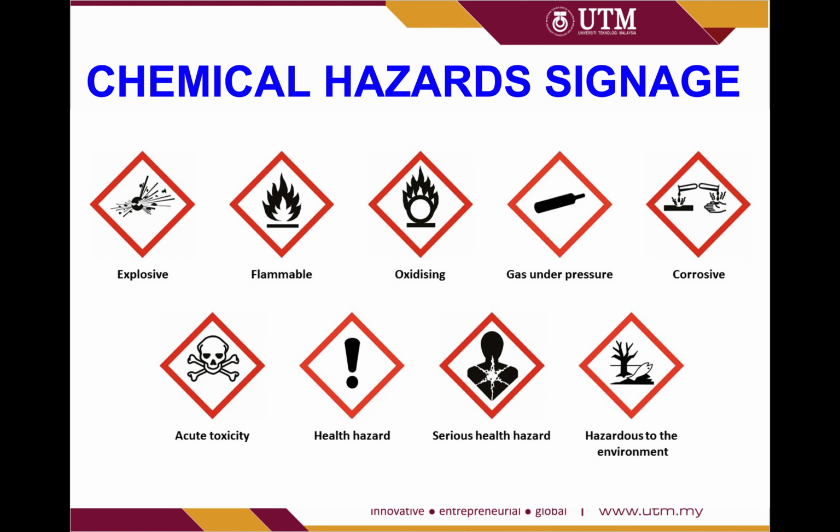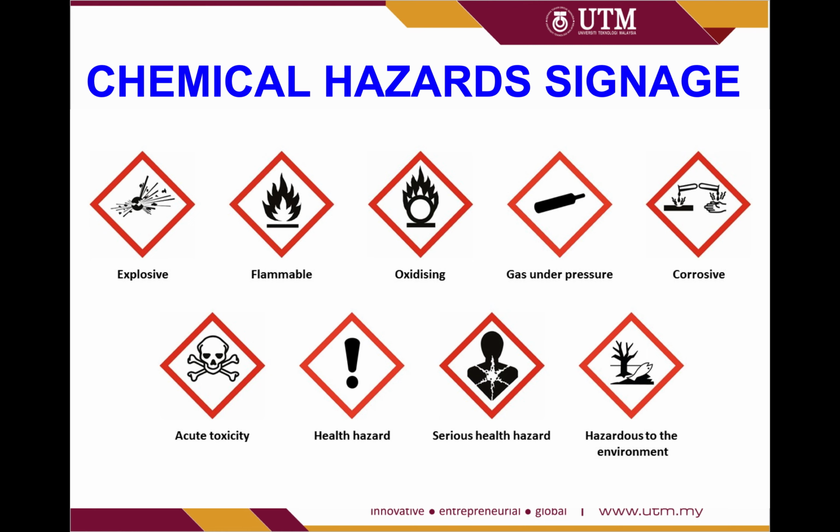In terms of the signage, as you can see, there are some of them you have seen earlier on, but in total there are only 9 chemical hazard signage, and these 9 signage are synchronized all over the world. Previously, prior to 2013, some of these signs had backgrounds of different colors, some yellow, some red, so they are the old signage.